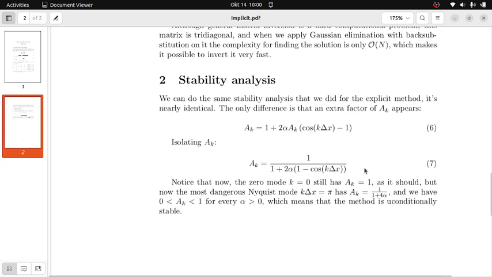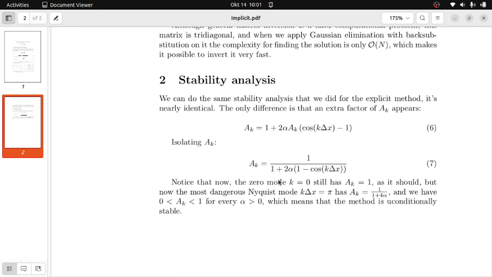And the amazing thing is that we have A_k between 0 and 1 for every alpha that we choose. So we can take any time step that we want, and the method is unconditionally stable, right? Very powerful result here.